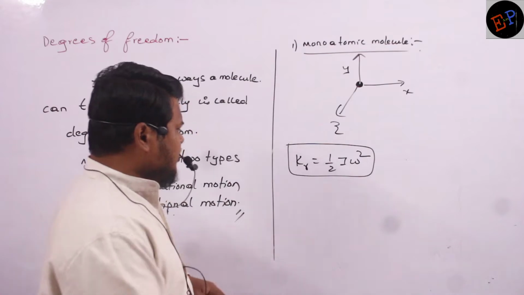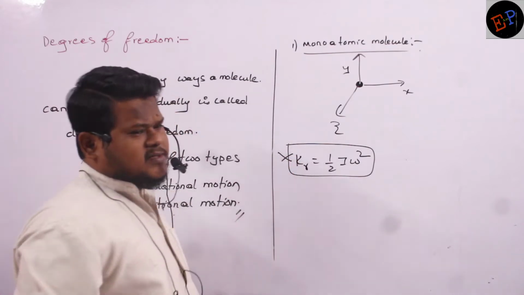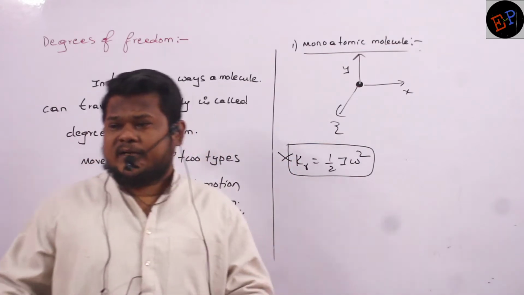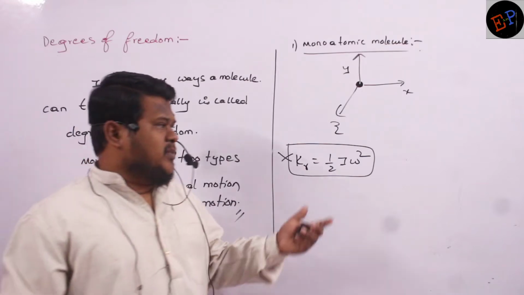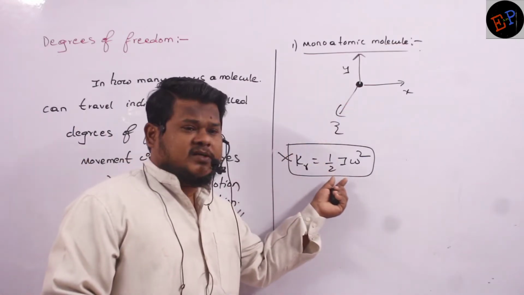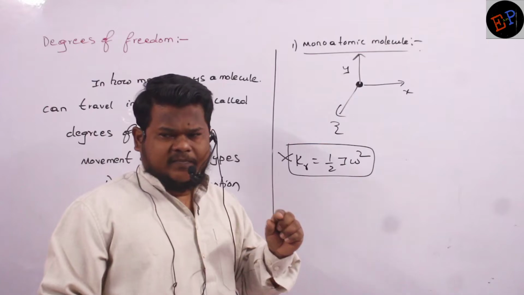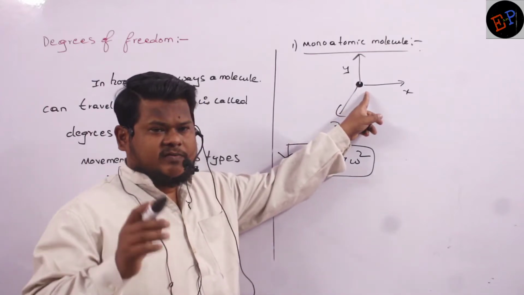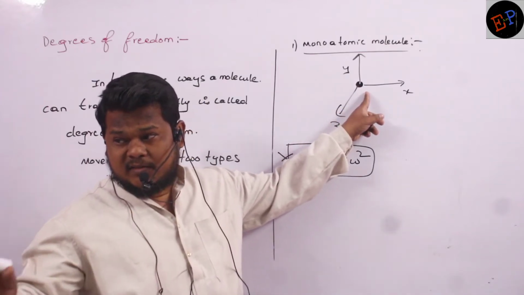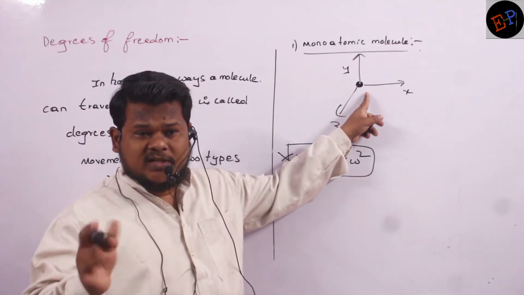So therefore you need not consider their rotational kinetic energies. Are you able to understand, ma? Because they are point masses, their moment of inertia will be very small. So for monoatomic molecules we take only translational motion. Rotational motion is neglected.